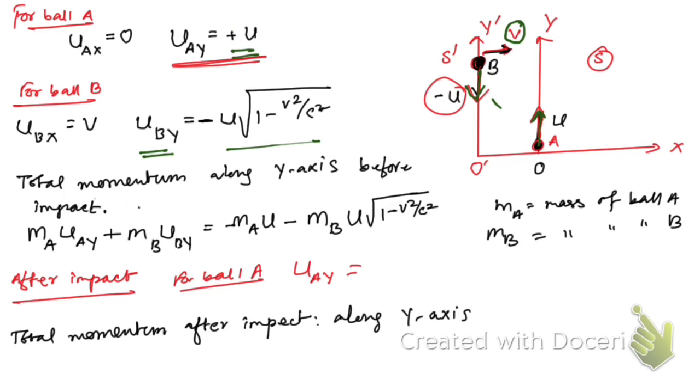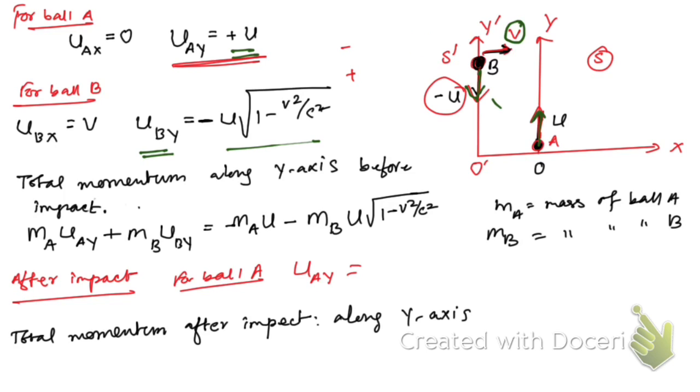Suppose these two balls are moving in opposite directions, equal and opposite. After impact they will change their direction. If it is coming with minus u, then after impact it will go with positive u. Similarly, if before impact it is traveling with positive u, then after impact it will come with minus u, right? Hope you have understood this.